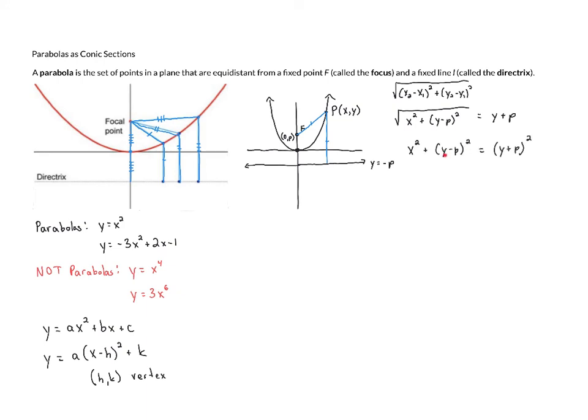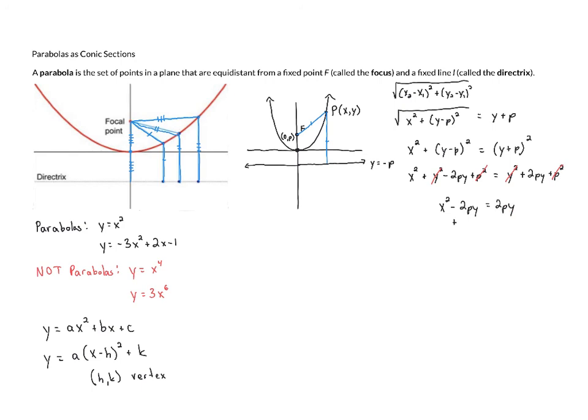If we go through and actually square these using either foiling or the special product formulas, we get y squared minus 2py plus p squared on the left. And on the right, y squared plus 2py plus p squared. And we notice that there are y squareds and p squareds on the left and right. If we subtract them, they will end up vanishing. And so we're left with x squared minus 2py equals 2py.